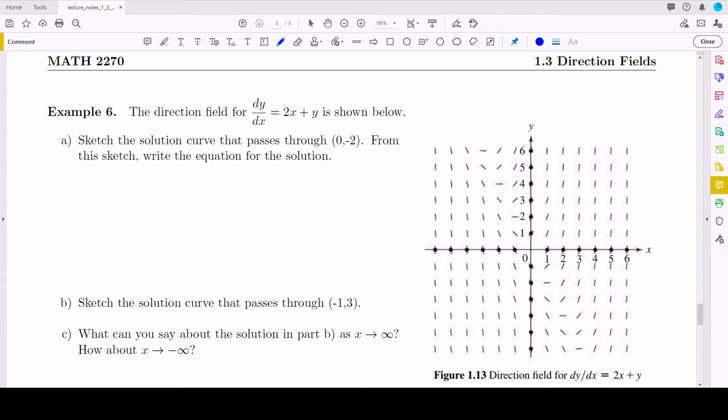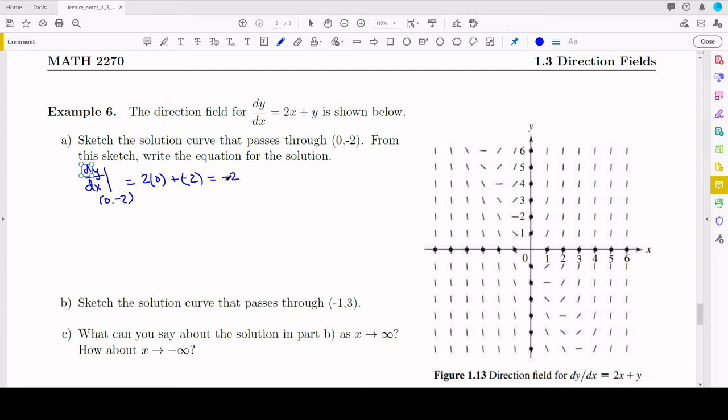Now, let's try to be a little bit more precise about this. So let's think about our differential equation, dy dx equals 2x plus y. If we look at dy dx at 0, negative 2, then that is equal to 2 times 0 plus negative 2.